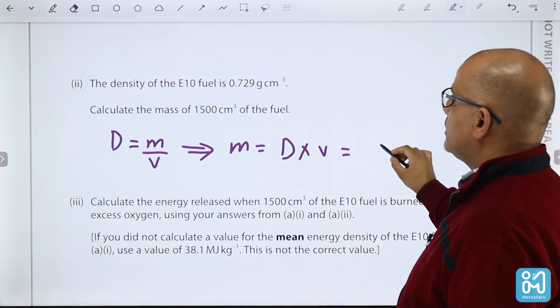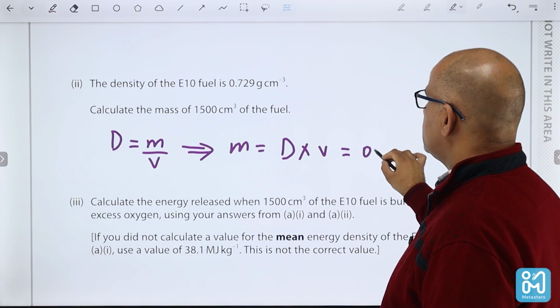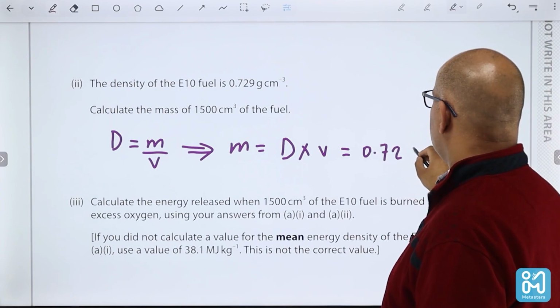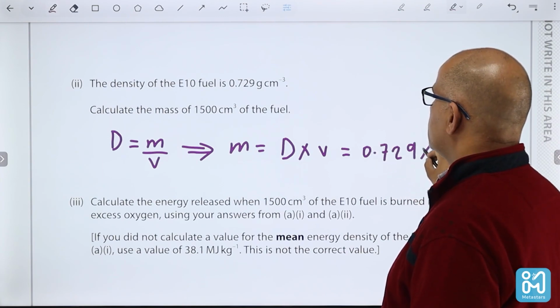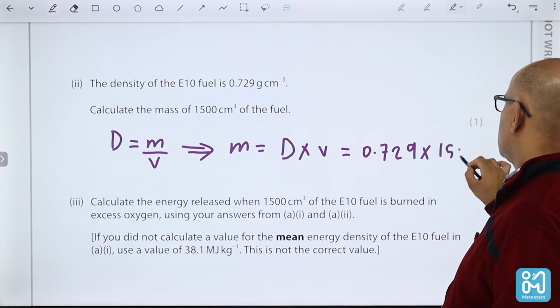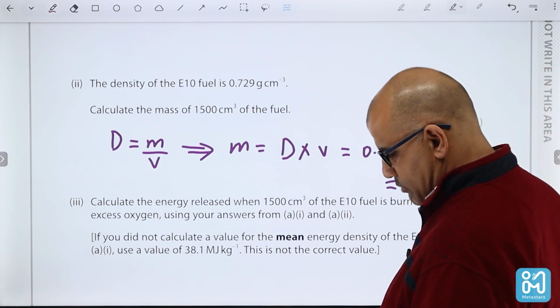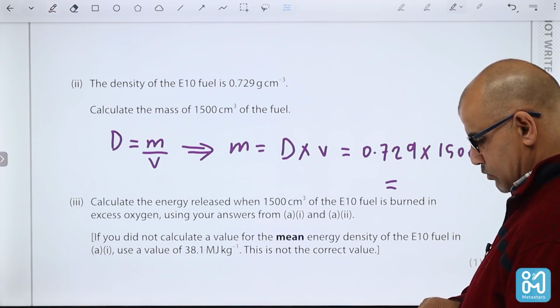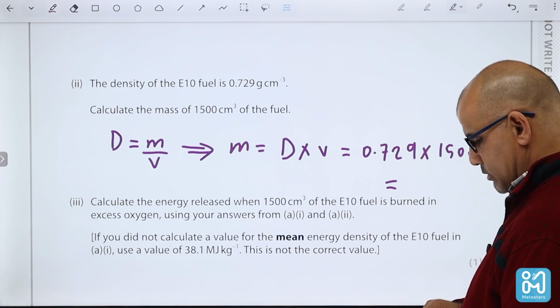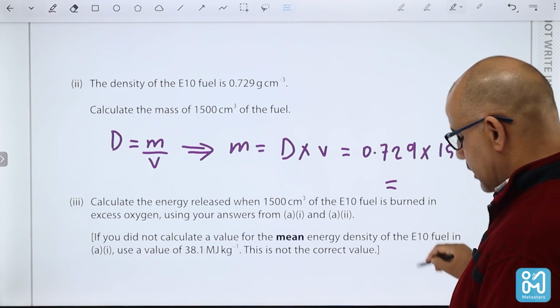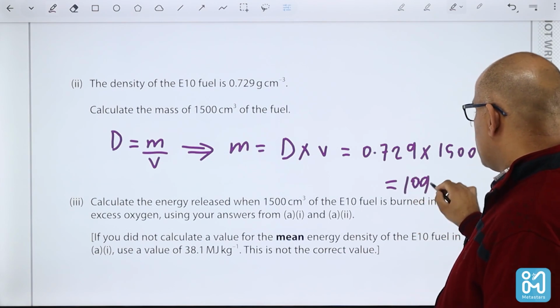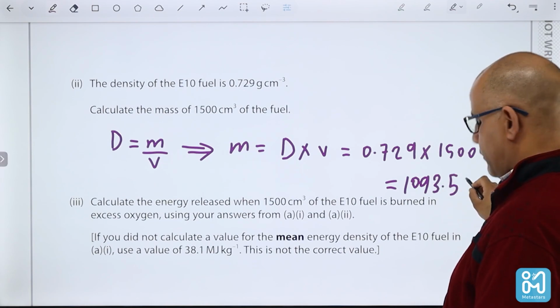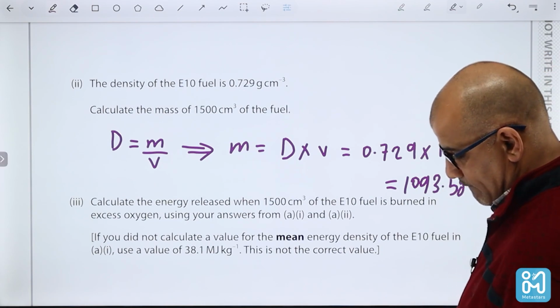That equals 0.729 times 1,500. This gives you the mass, which is 1,093.5 grams. Okay.